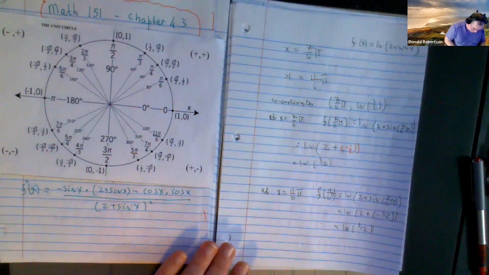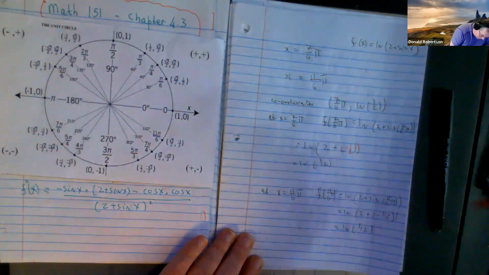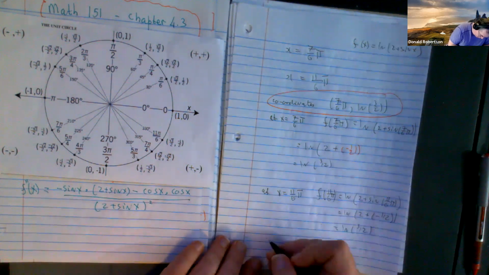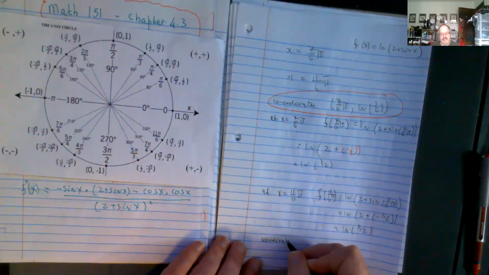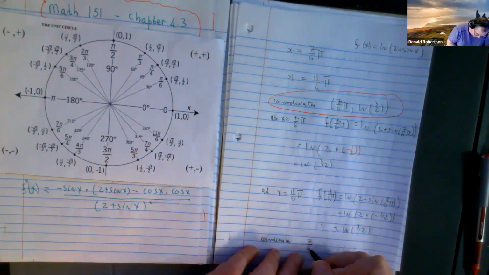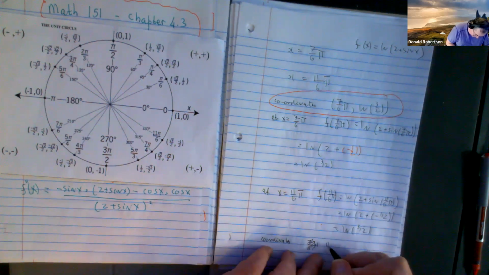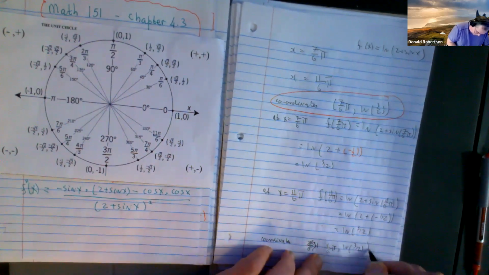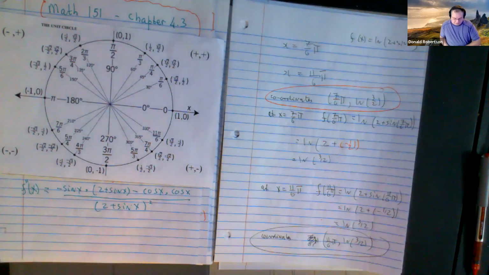So they share the same y-coordinate. So the first one is that coordinate. The second one has coordinates 11π/6, comma, the natural log of 3/2. And that would be us finished.